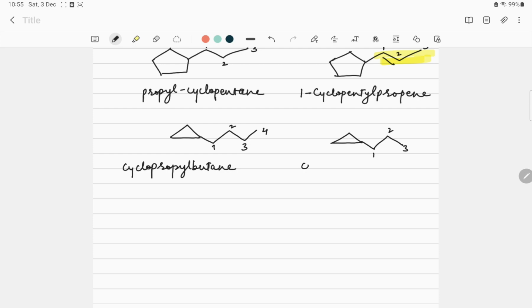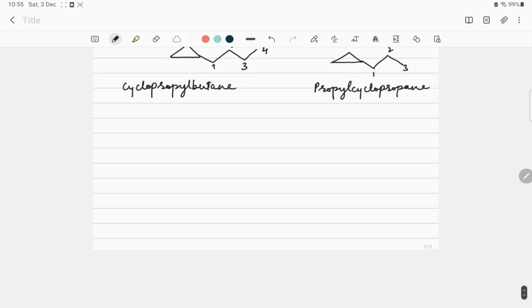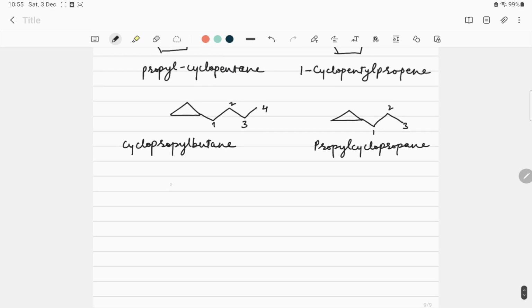It is propylcyclopropane. Cyclic compound will be the parent if the number of carbon atoms in the cyclic compound and the side chain are the same. So, it is going to be propylcyclopropane. This is the name.